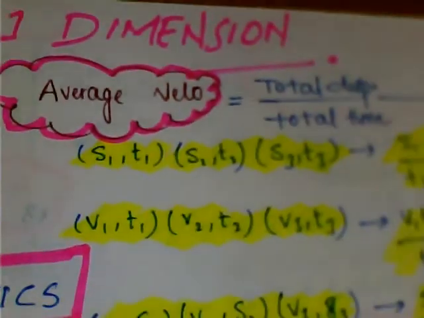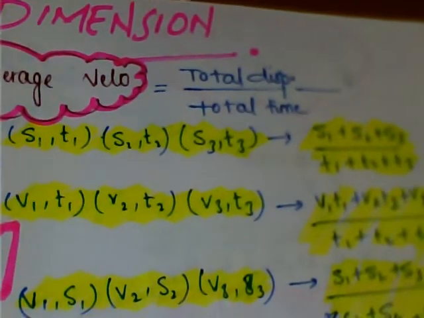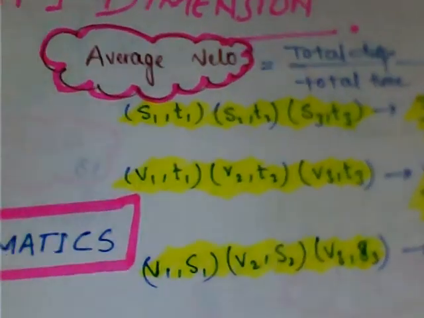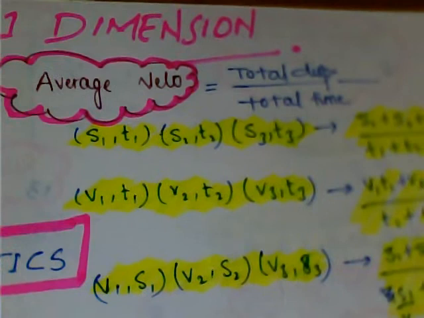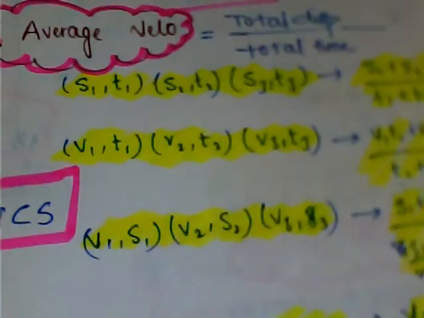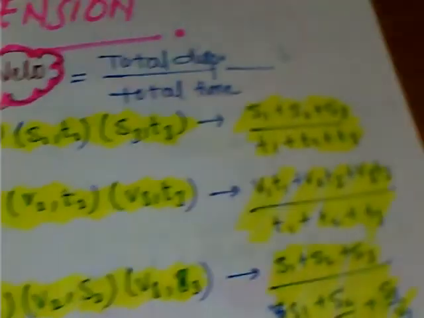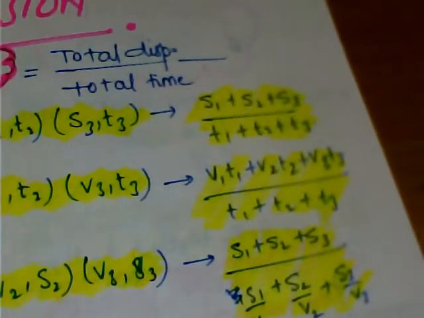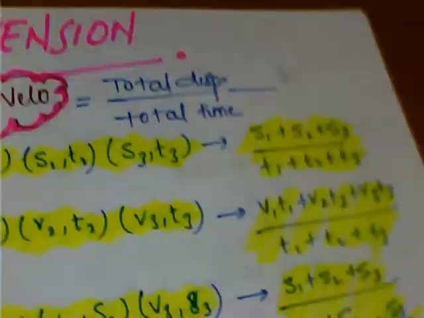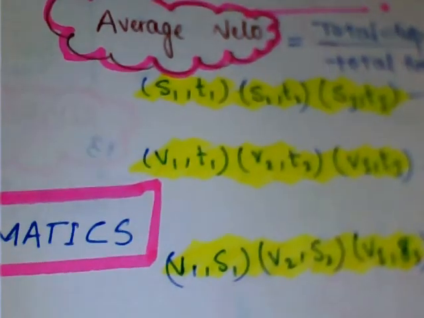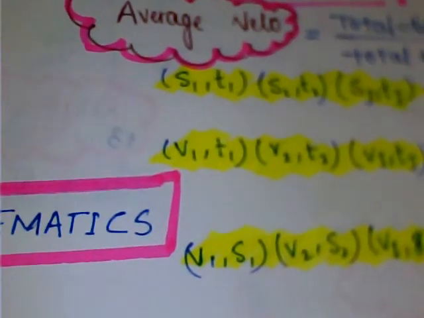Let us know about average velocity. Average velocity is equal to total displacement upon total time. Suppose we are given a relation between displacement and time, then the average velocity will be (s1 + s2 + s3)/(t1 + t2 + t3).